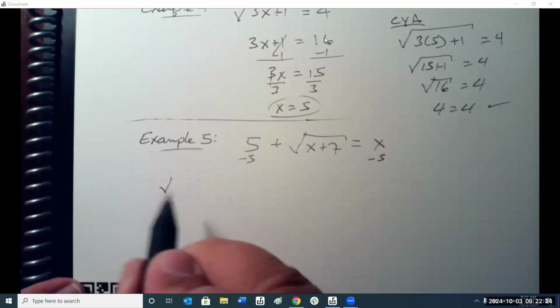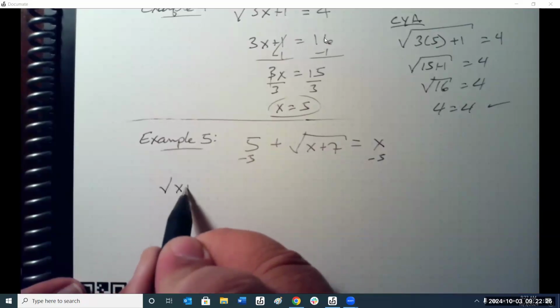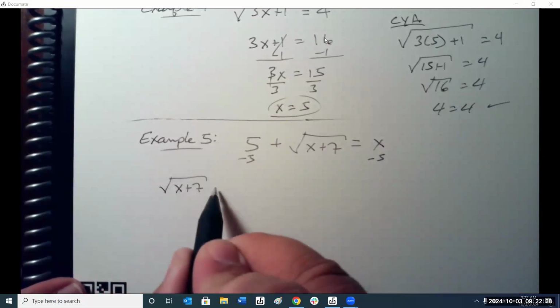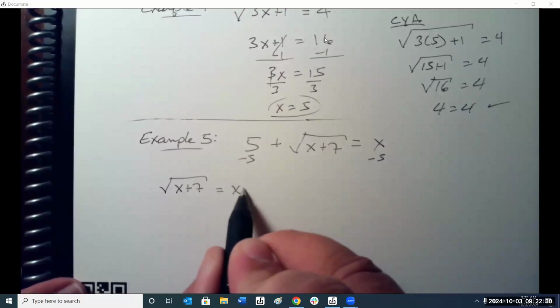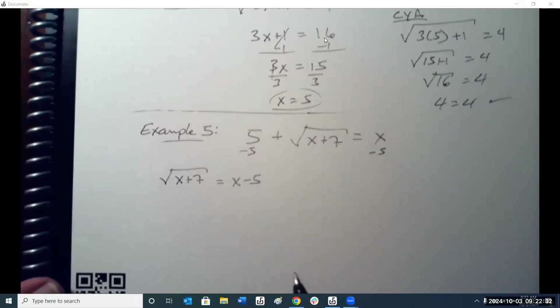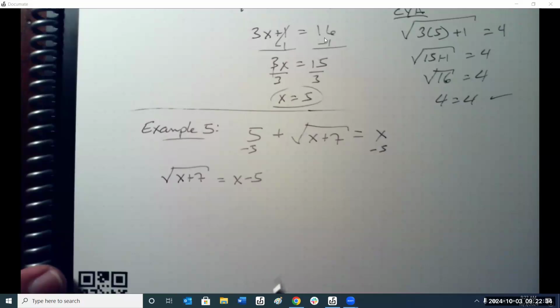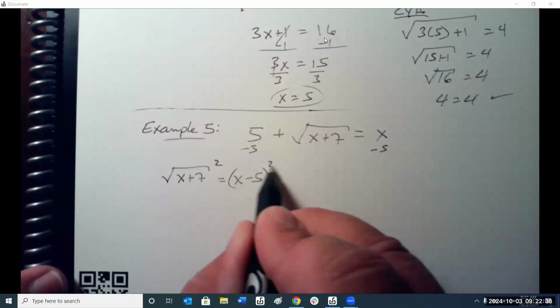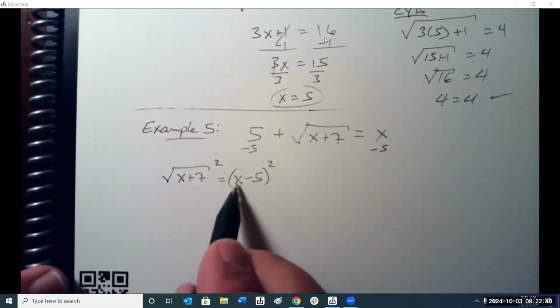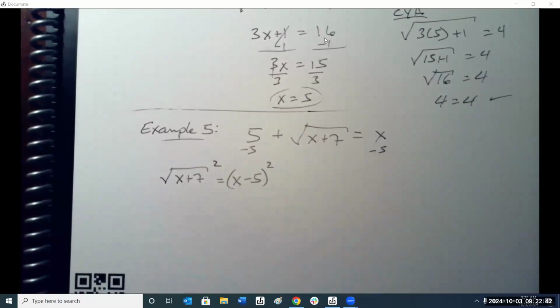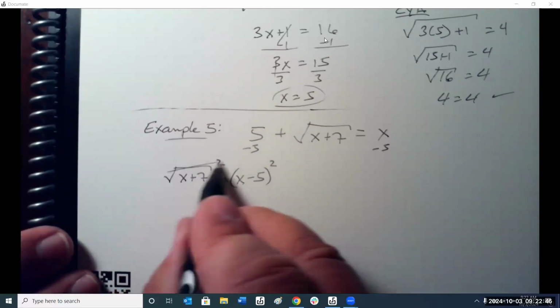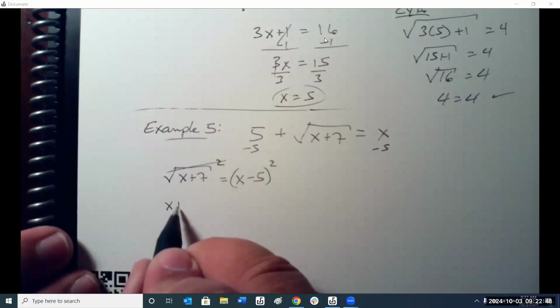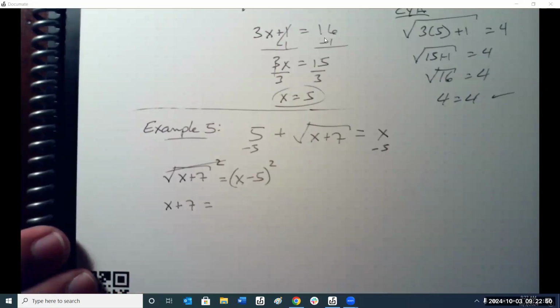So we have the radical of x plus 7 equals x minus 5. Square both sides. This is one number. x minus 5 is one number. If I square that side, I have to square it as a number. So those cancel. So I have x plus 7.